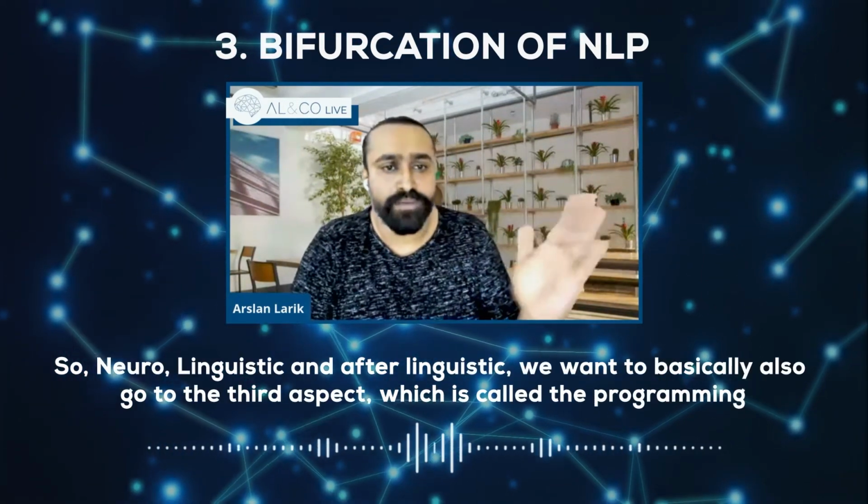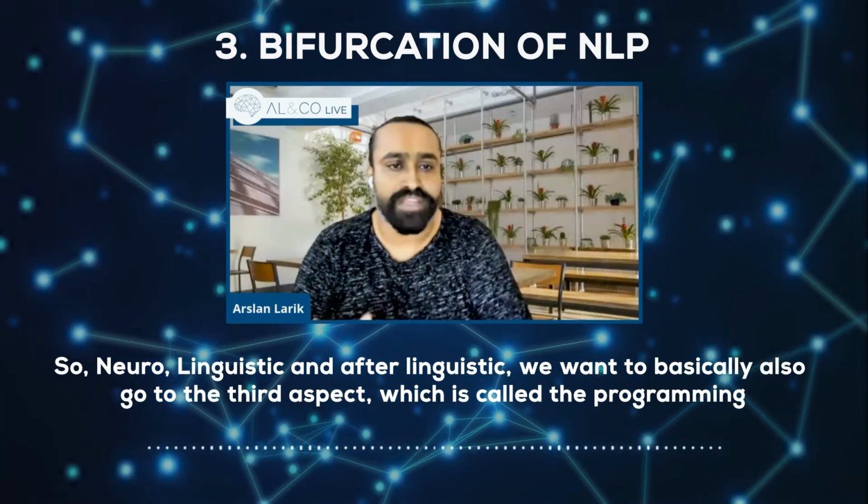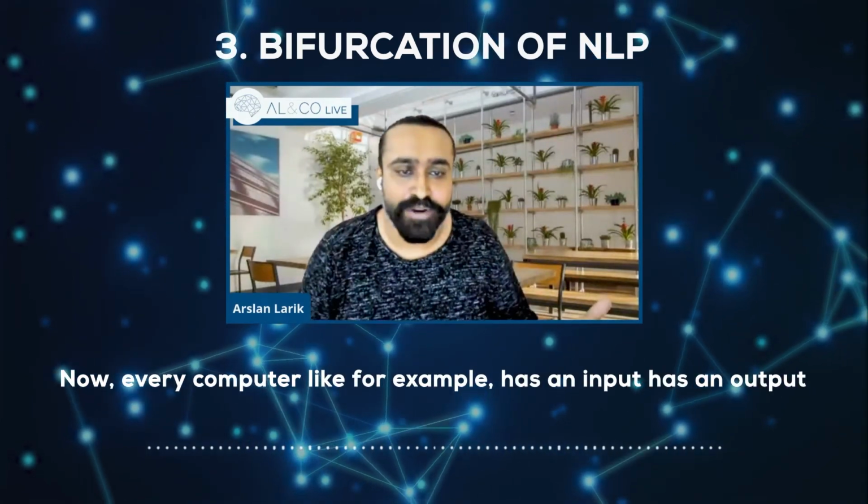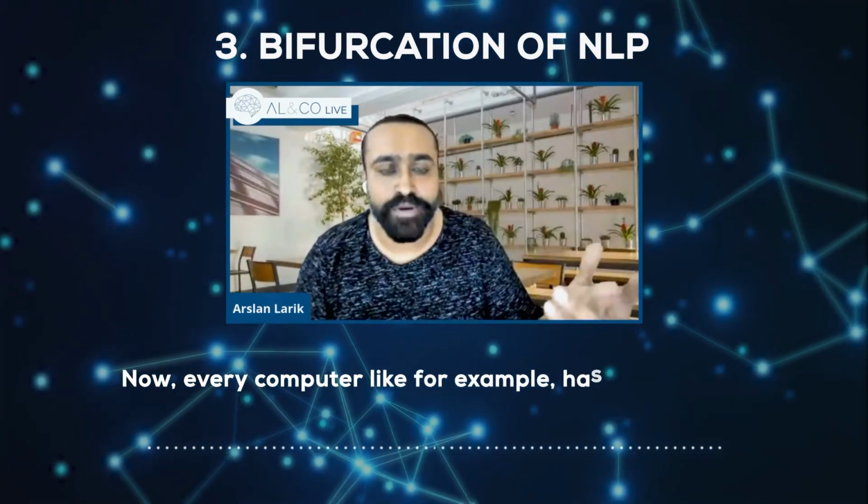So neuro, linguistic, and after linguistic, we also go to the third aspect, which is called the programming. That's where the modeling technology comes in. Every computer, for example, has an input, an output, and then a processing area.